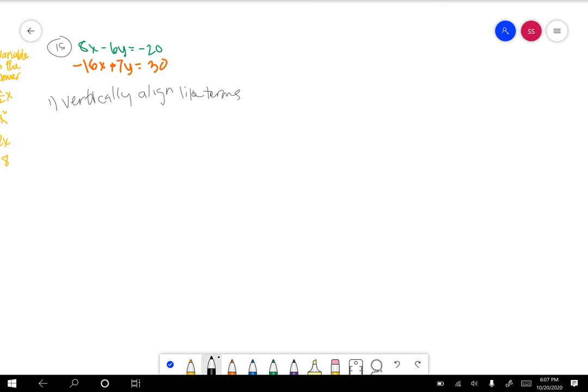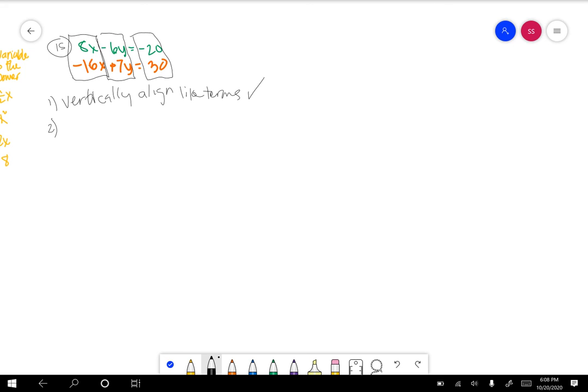My handwriting is awful today. Oh well. Okay, so if you look at our two equations, you'll notice that our like terms are actually already vertically aligned. So that step was done for us. It won't always be done for you, but in this case it was.